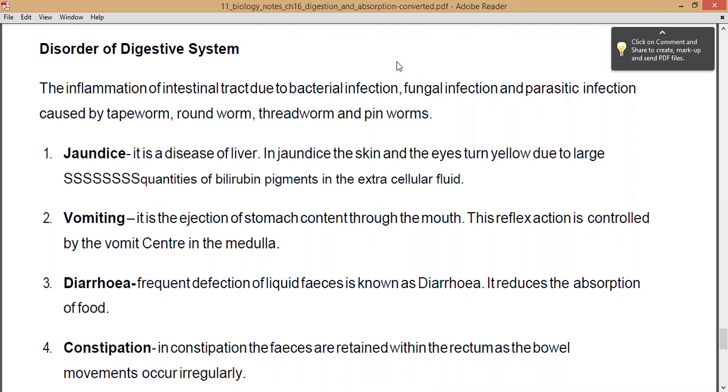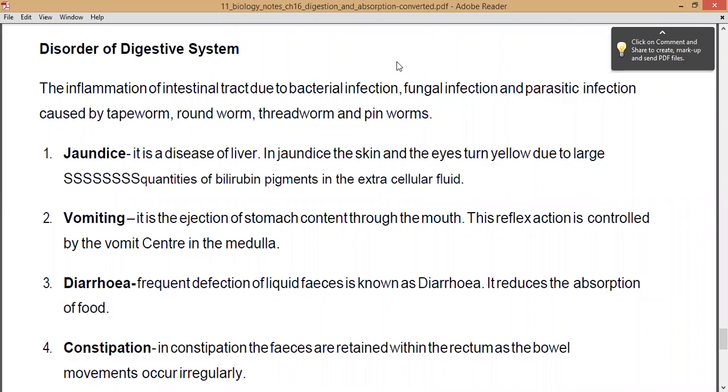So when the intestinal tract is inflamed by a bacterial, fungal or parasitic infection, this can be caused by tapeworm, roundworm, threadworm, and sometimes pinworms also, right? These are several causing organisms which lead to different types of infection.